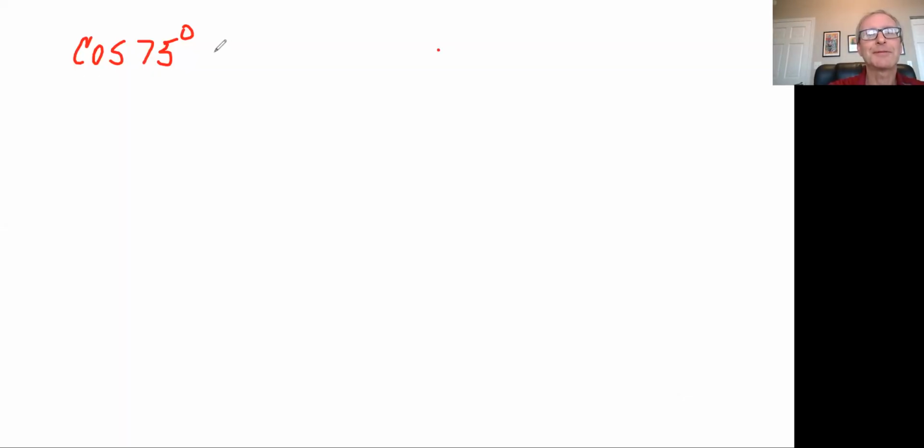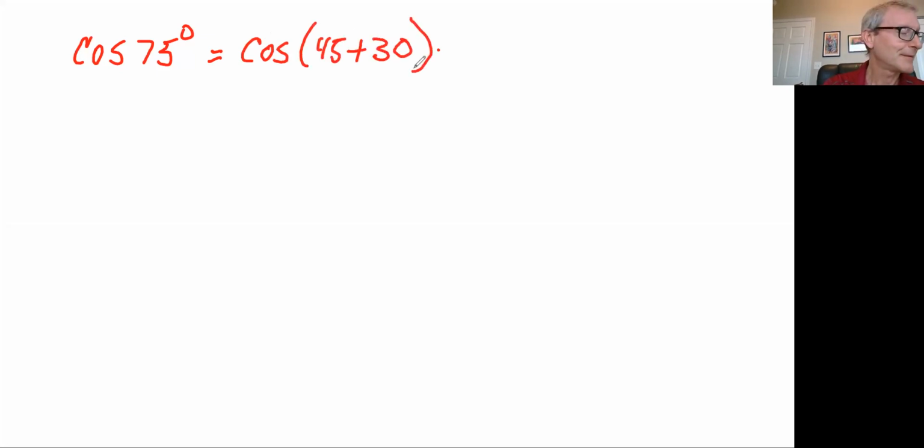And so hopefully this one looks pretty straightforward, right? And it's kind of a puzzle because once you set this up, you could see that 45 and 30, which is two of our key angles, equals 75. And then you get out your sheet and you look at the sum.